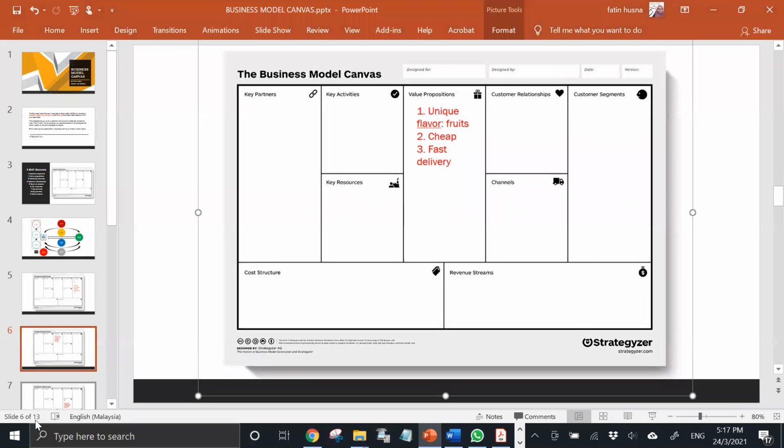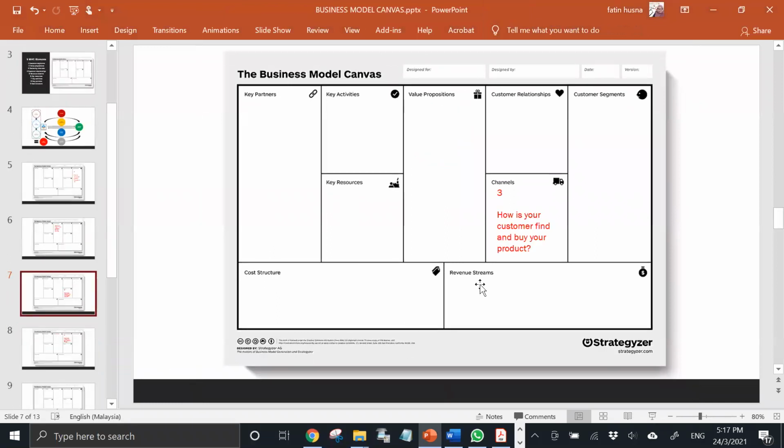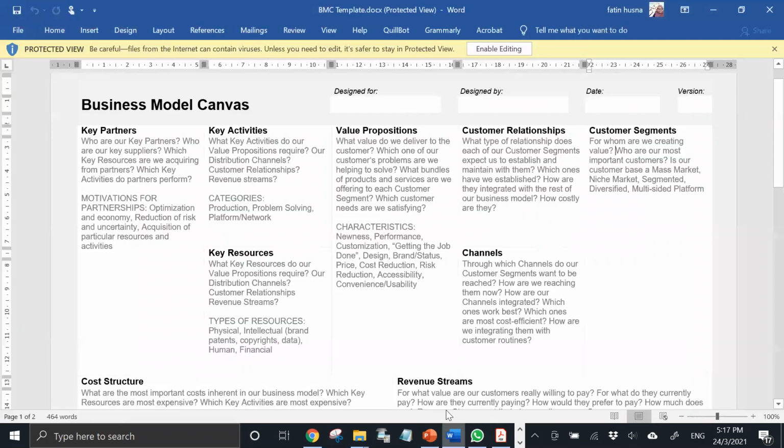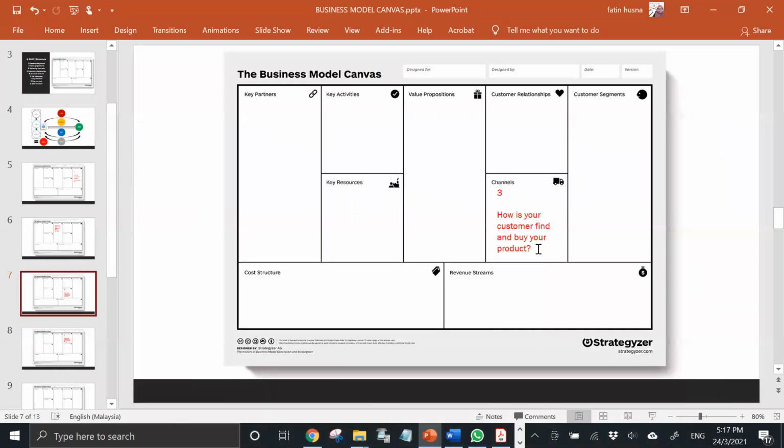Okay. Next is channels. Okay. How is your customer find and buy your product? This one is just, where do you sell your product? That is the meaning of it lah. How is your customer find and buy your product?